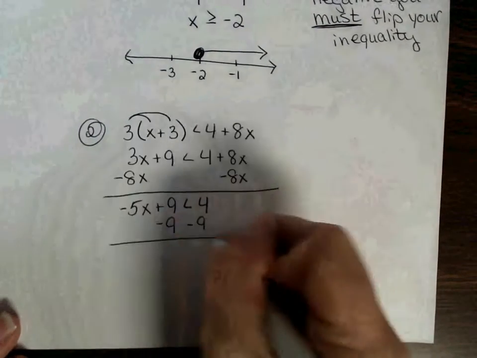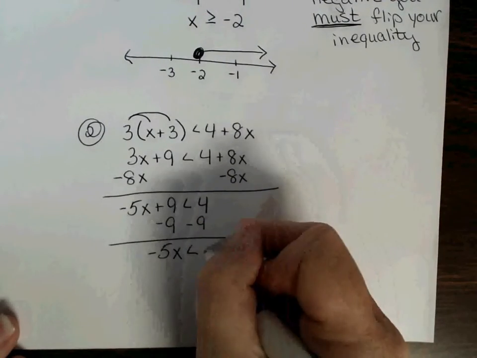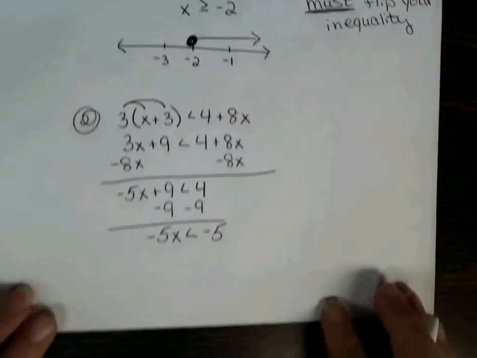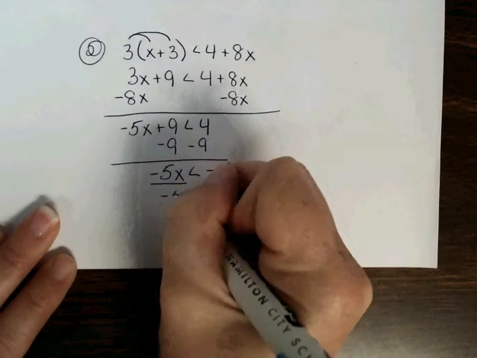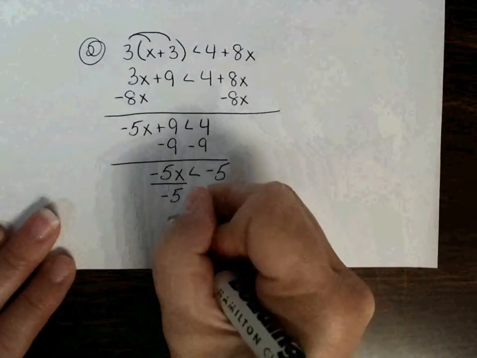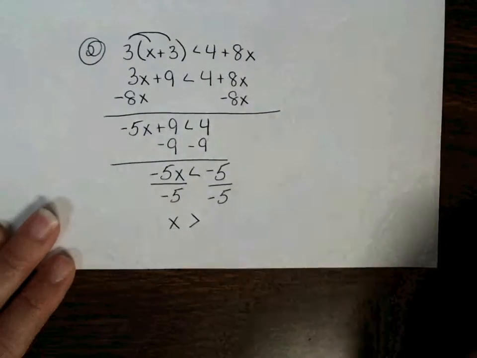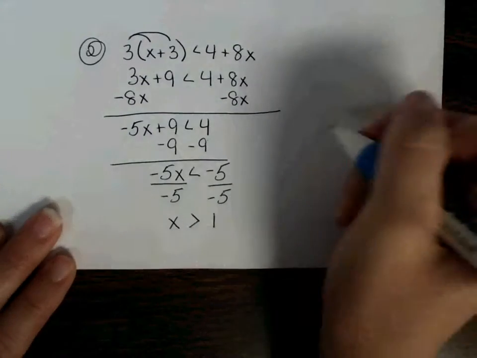Subtract 9. I get negative 5x is less than negative 5. And then divide by negative 5. So if I divide by a negative, I have to remember to flip the sign, and I will get 1.